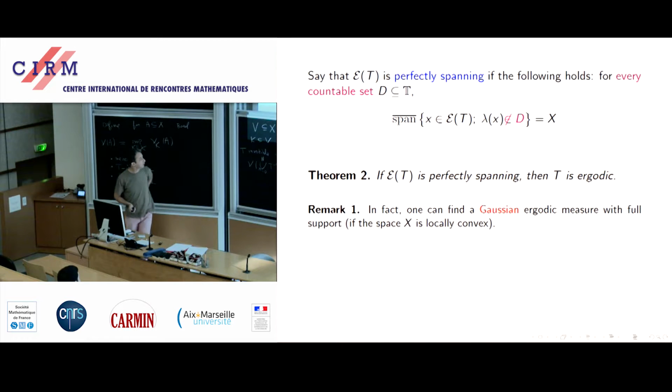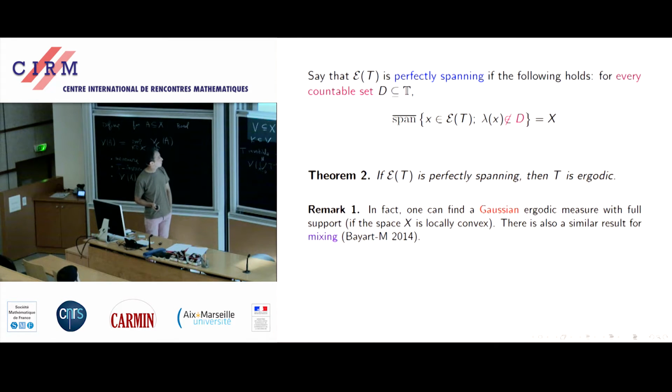But anyway, this is true, and you also have a similar result for mixing. I will not go into details for this result, but in fact it is exactly the same, except that you replace the countable sets by something else. This we proved with Frédéric, and it appeared last year, but it was proved a little bit before, of course.